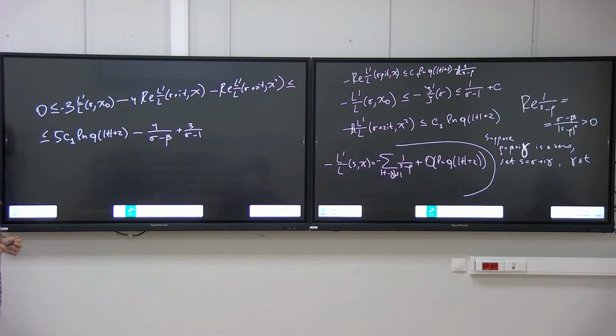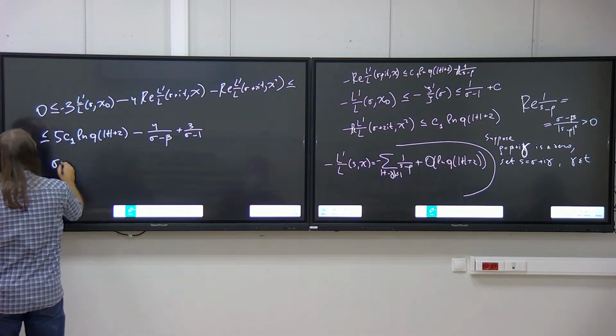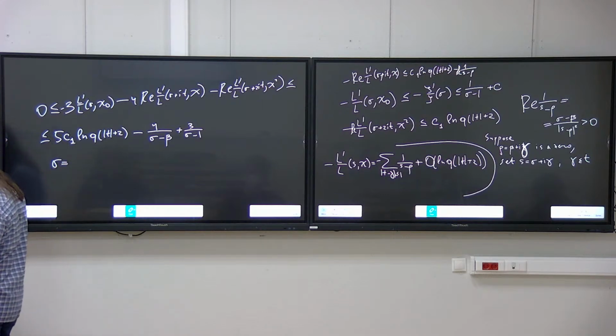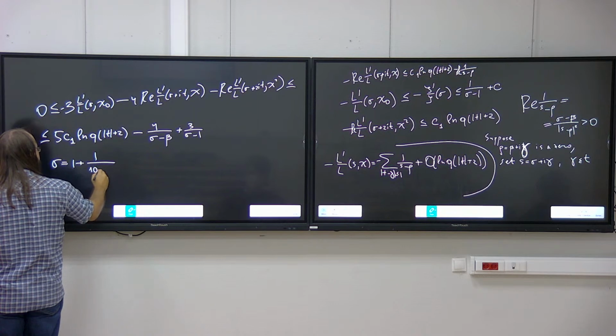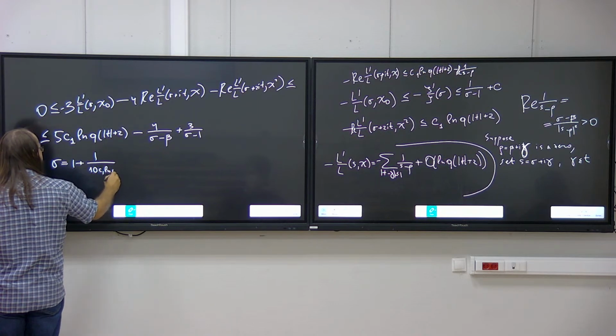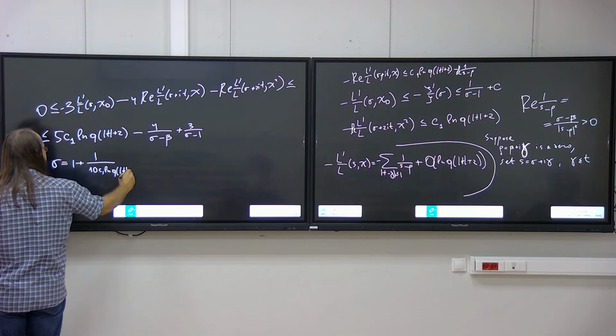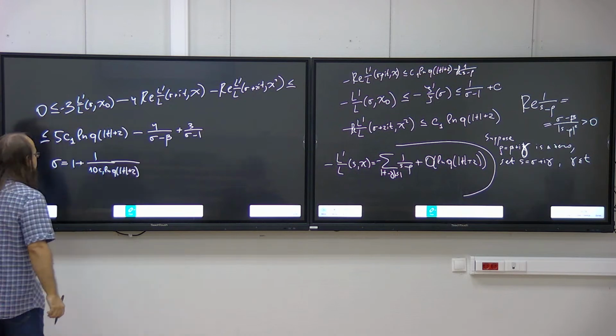So now we arrive at the same bound as the de la Vallée-Poussin zero-free region. You need to choose sigma to be what? To be 1 plus 1 over 10 C1 logarithm q absolute value of t plus 2.